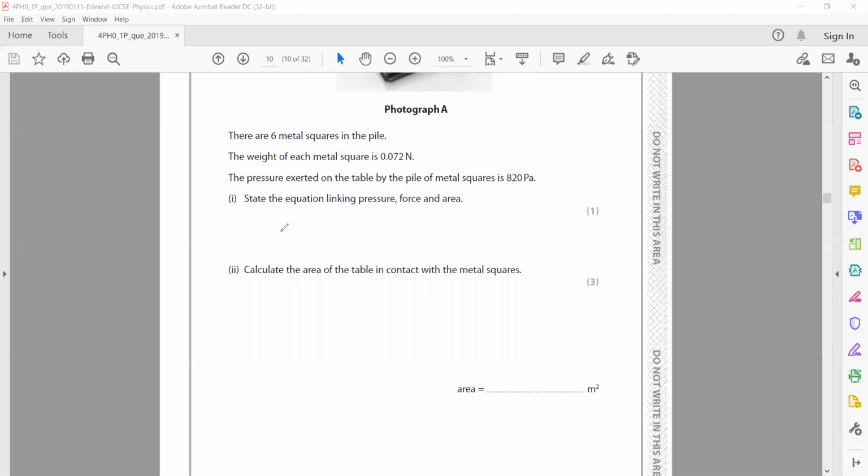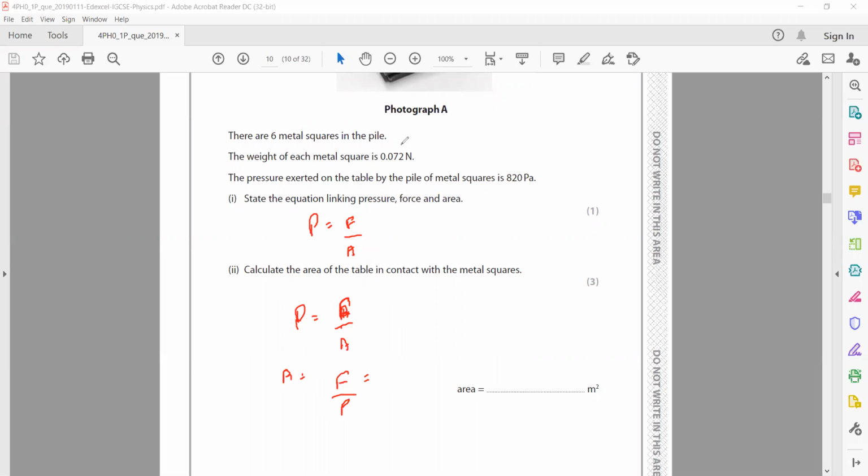So P is equal to F divided by A. Calculate the area of the table in contact. So we have the formula, pressure is force over area. So area is equal to force divided by pressure.